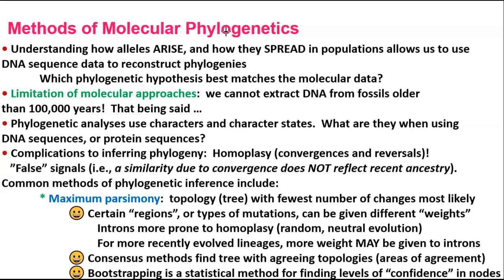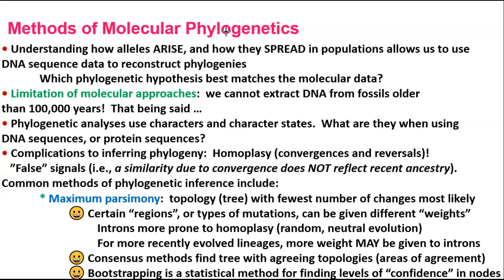So understanding how alleles arise, through the process of mutation in various ways, and how they spread in populations through reproduction, introgression, etc., allows us to use DNA sequence data to reconstruct phylogenies. That is, we have knowledge and information about genetic data, and that's important for using that data to come up with phylogenies.